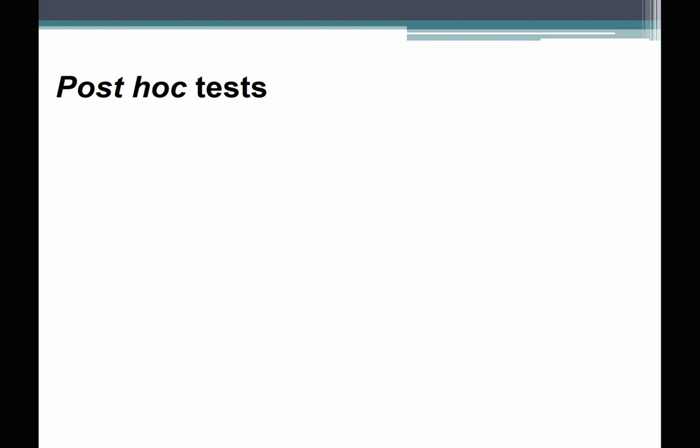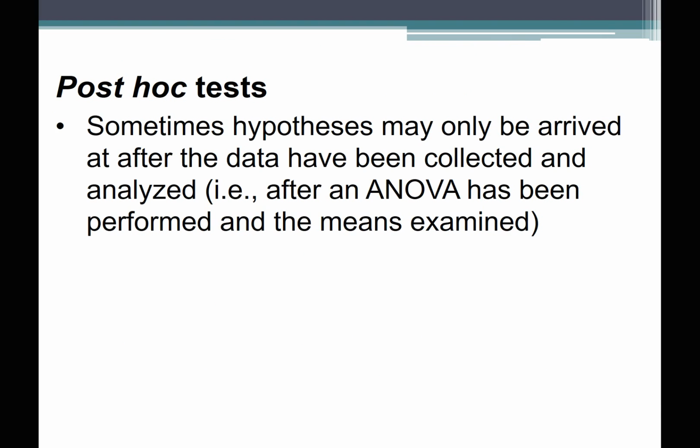So post-hoc tests. Sometimes, actually often, hypotheses are only arrived at after we collect the data. So for example, after you collect your data and you do an ANOVA, and you see there's a significant difference, you might think, oh, maybe it's because of this. And then you have to check that. You have to test that hypothesis.